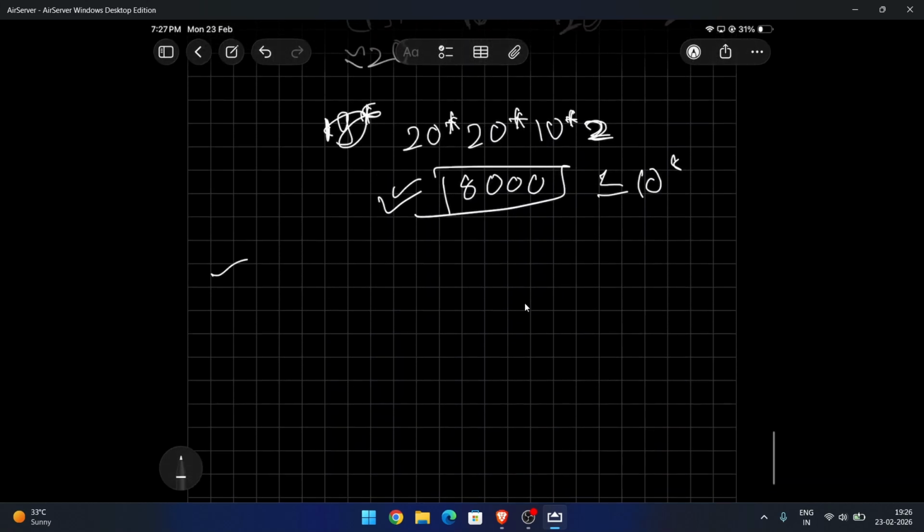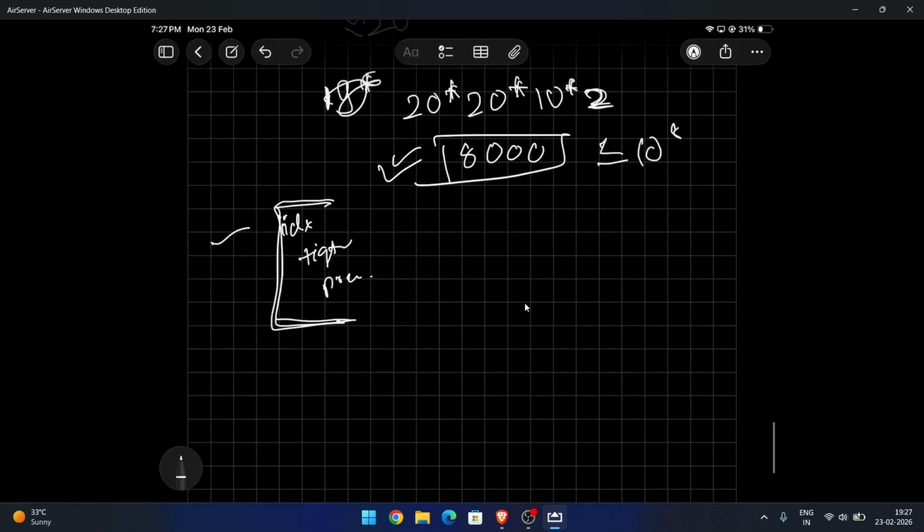Like there are four loops: one for index, one for tight, one for previous, and one for zeros. So it would become more complex and not easy to understand. So that's why in digit DP problems we don't go for iterative code. We write the recursive code.